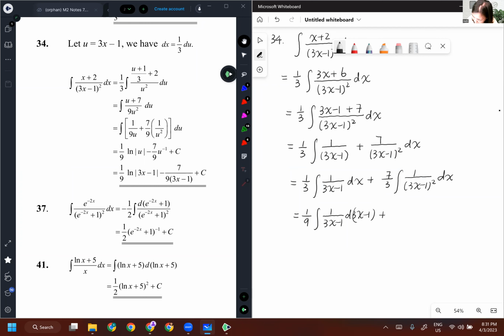And then the change of variable. I hope you can see that. This and this. Change of variable.